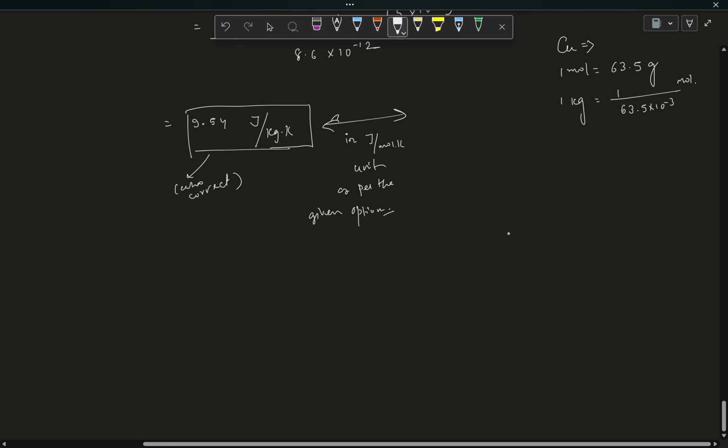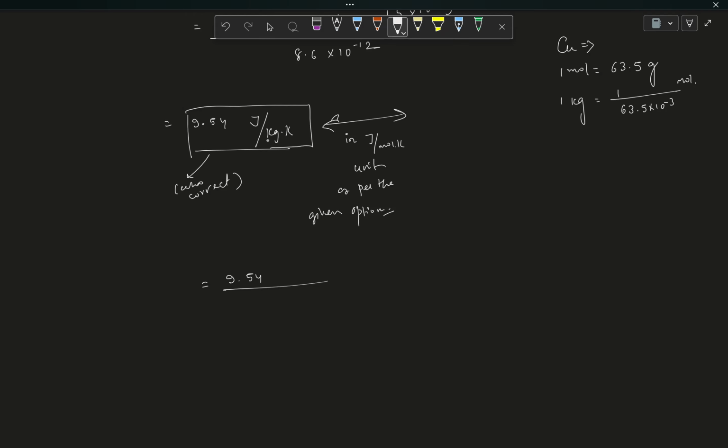Now let's convert that 9.54. This was per kg. So if you convert per kg into per mole, this is joule per Kelvin, and 1 by kg makes you put this term as 10 to the power minus 3 mole, right?